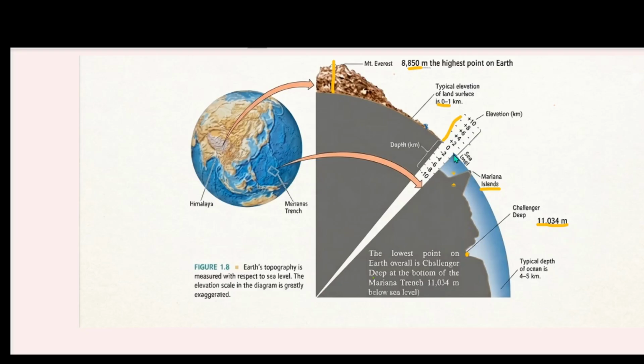You can see that from this sea level, from this particular sea level down, 11,000 meters deep. Again, the bed of this particular ocean is just about from maybe 4 to 5 kilometers. All right, you can just see that some places are 4.